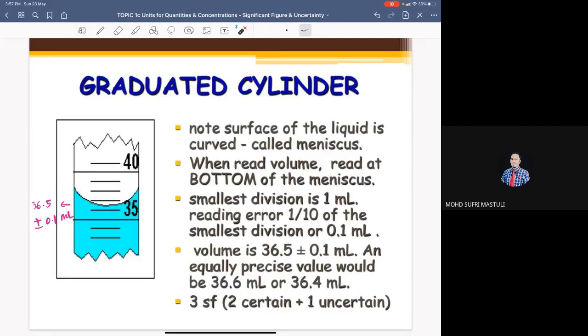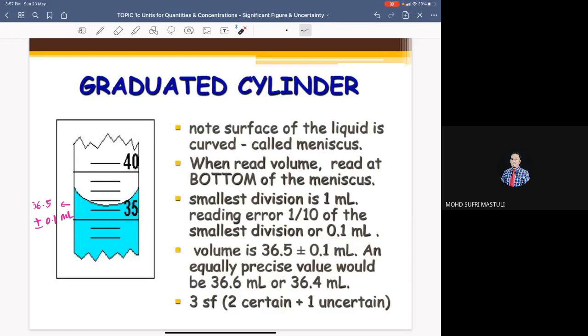Okay. This is the way to write it including the reading error. So precisely the value can be 36.6 ml or it can be 36.4 ml, because 0.1 ml is the reading error.